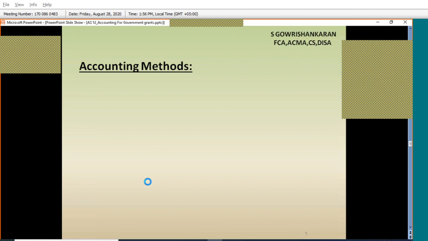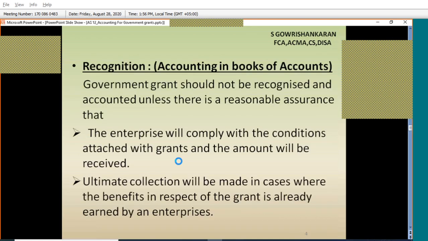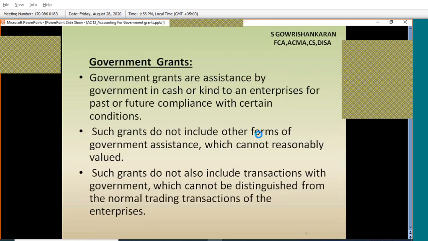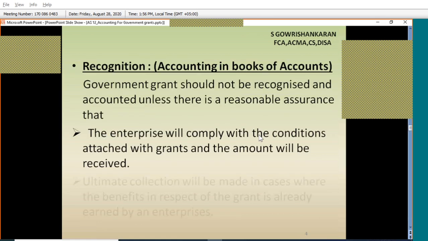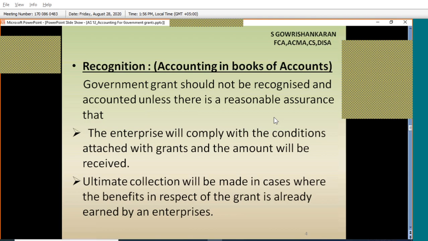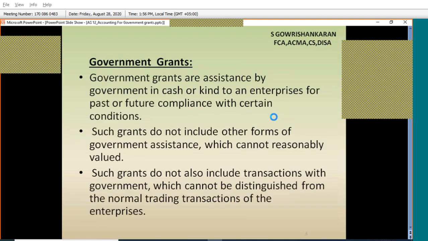So any other doubts? Somebody asked to explain the third point once again. Which is the third point? This one, ultimate collection. Government grants. That's what I said. Normal trading transaction means I'm a company running my business.